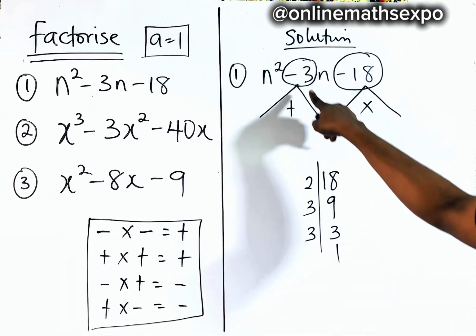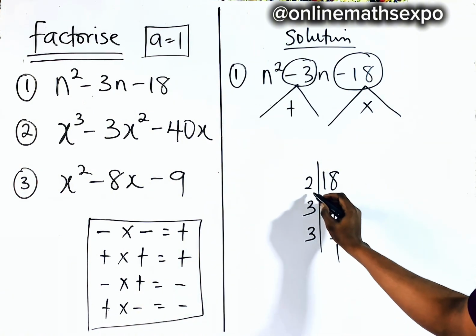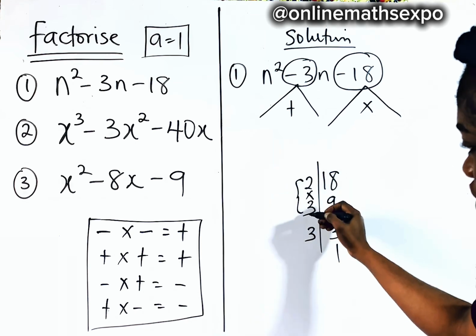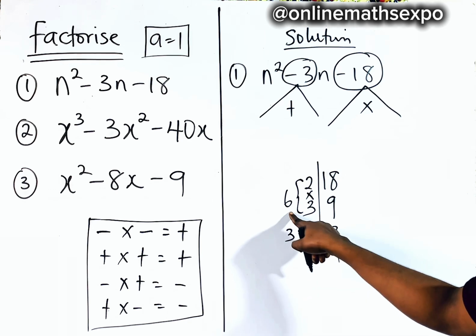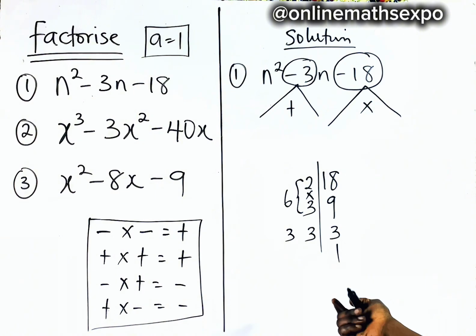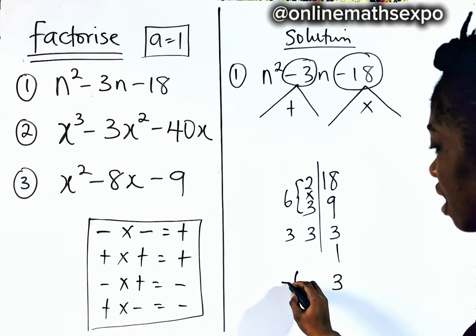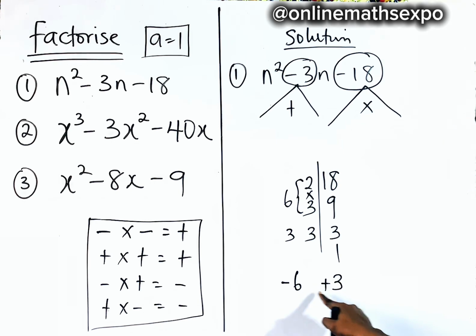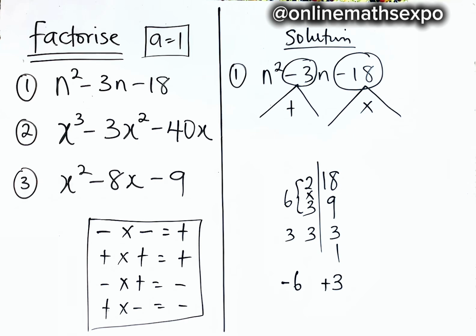Now, because we are targeting negative 3, we are targeting 3, we can work with these two, multiply these two. You see, it gives you 6, and this one is 3. So you see that 6 and 3 are close to this 3. I know too well that if I have 6 and 3, I can choose to have negative 6 and positive 3. This is going to give me negative 3. And when you add this, you see that adding this has given you negative 3.